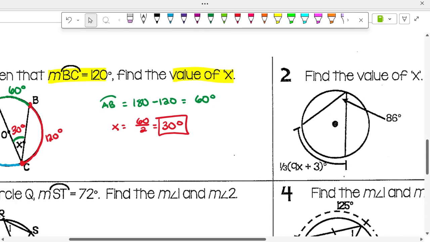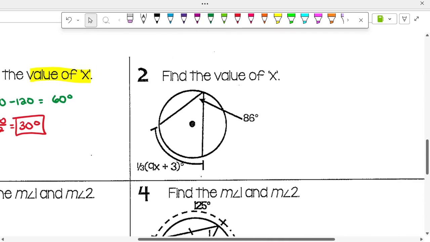All right, let's look at 2. So they said that this angle right here is 86 degrees. They then said that this arc is equal to 1/3 times 9x plus 3 degrees. And they want us to solve for x.